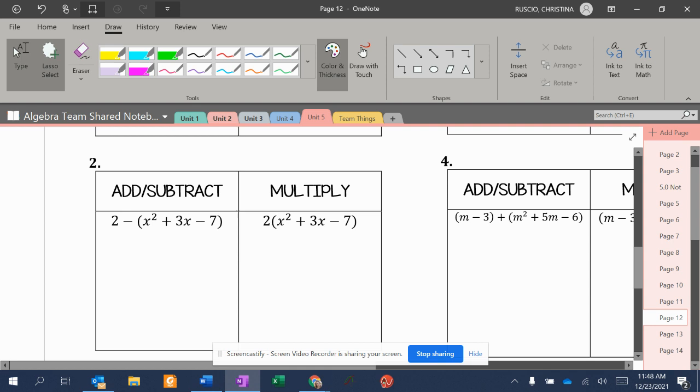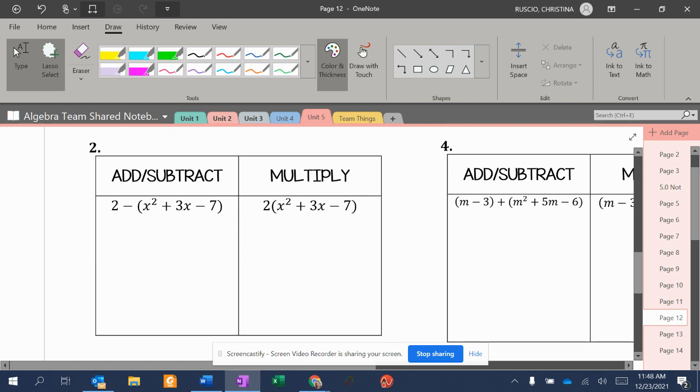Okay, moving down to number 2. If we add and subtract, notice how there's this negative in between here, which means we actually need to distribute a negative. But all a negative really does is flip the signs. So 2 minus 1x squared minus 3x plus 7. And if we write this in standard form, negative 1x squared minus 3x plus 2 plus 7.